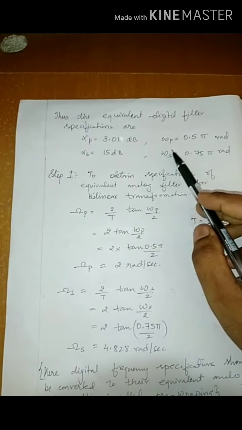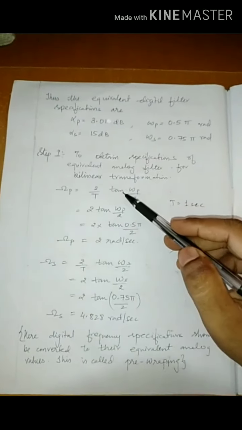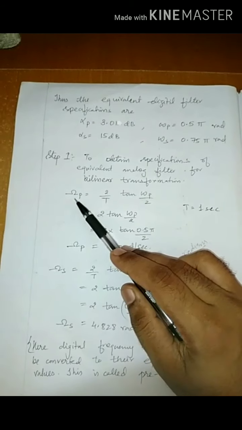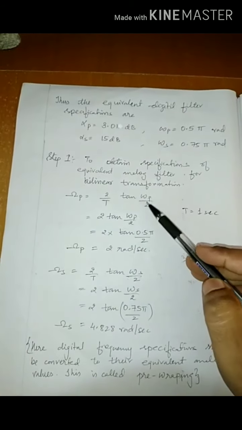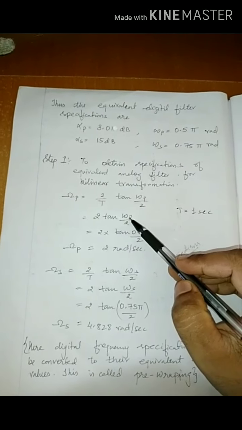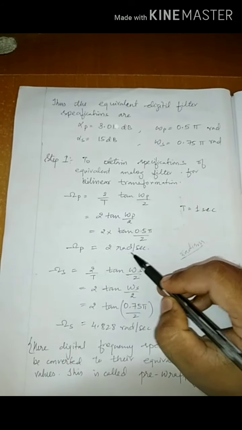So these are in digital filter, we need to convert that to analog filter. That is analog frequency. So the formula is omega p is equal to 2 by T tan of omega p by 2. Here the value of T is 1 second. So the value of omega p is 0.5 pi radian, and you get the answer as omega p is equal to 2 radians per second.